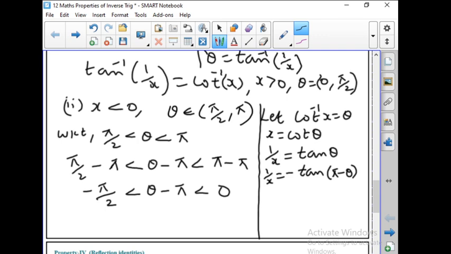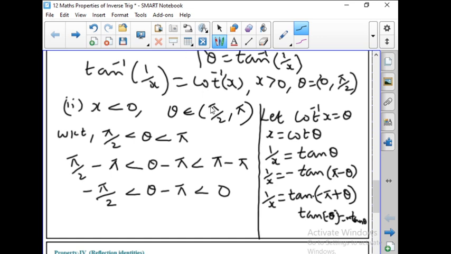And also we know that tan of minus theta is minus tan theta. Therefore we can also write this as tan of minus pi plus theta. Is it clear? Tan of minus theta is equal to minus tan theta, so we are using that here.